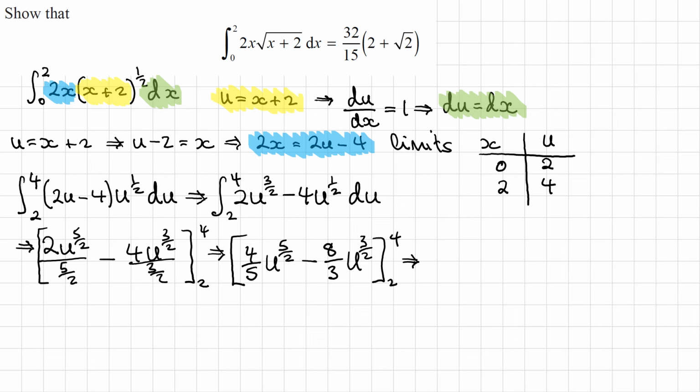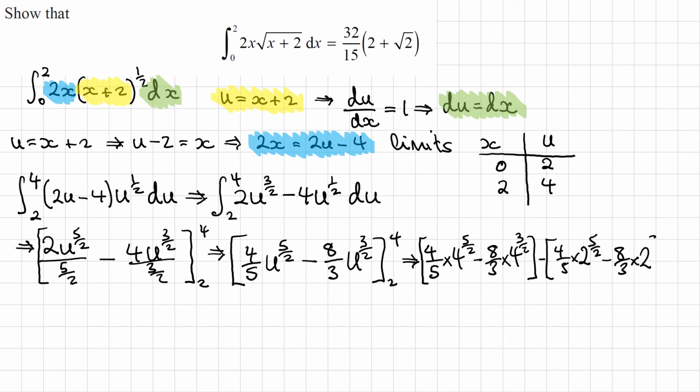So let's start with 4. So I will have 4/5 times by 4 to the power 5 over 2 minus 8 over 3 times by 4 to the power 3 over 2, and then subtract from that 4/5 times by 2 to the power 5 over 2 minus 8 over 3 times by 2 to the power 3 over 2.